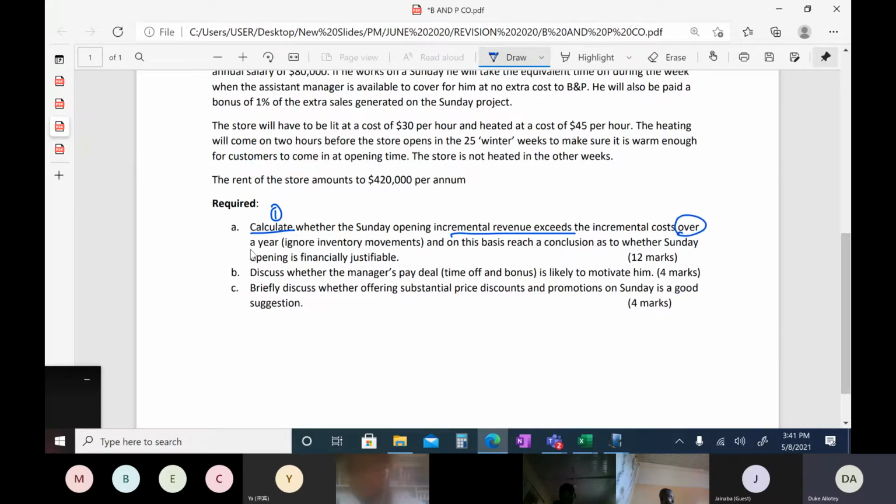It says over what? A year. Ignore inventory movement. And the second question is, on this basis, reach a conclusion as to whether Sunday opening is financially viable. So after you've done your numbers, whether right or wrong, it is important that you are able to reach a conclusion whether Sunday opening is financially justifiable.